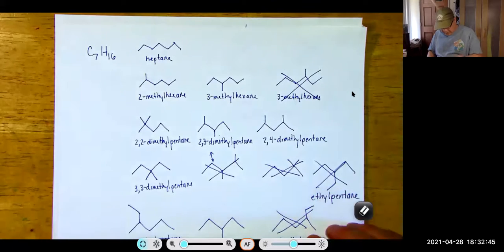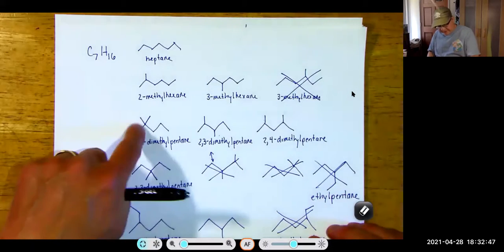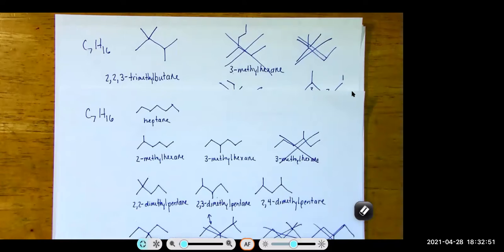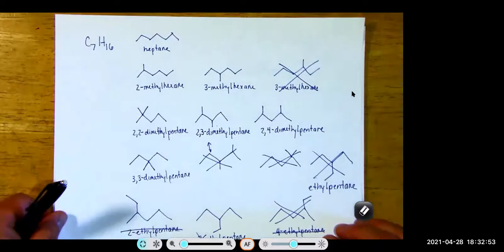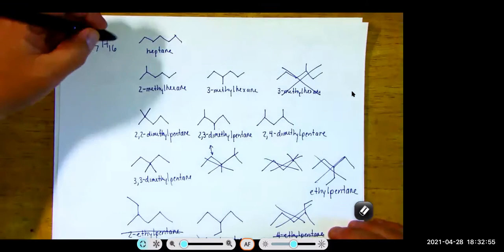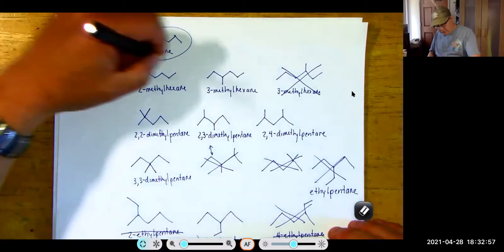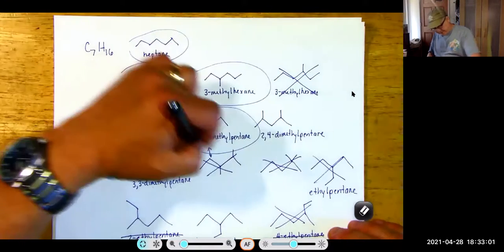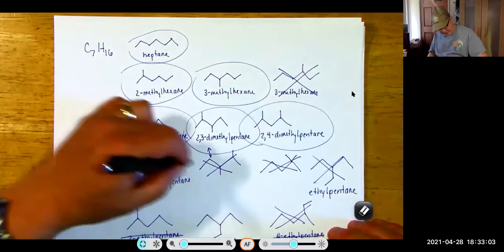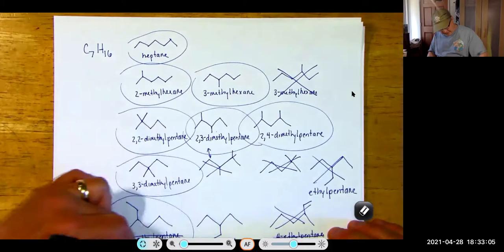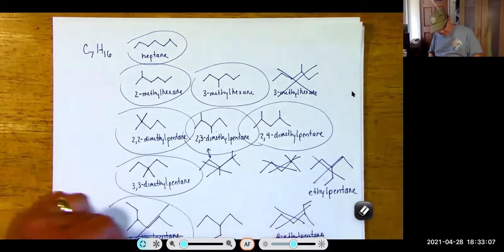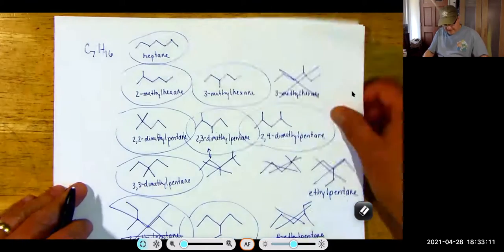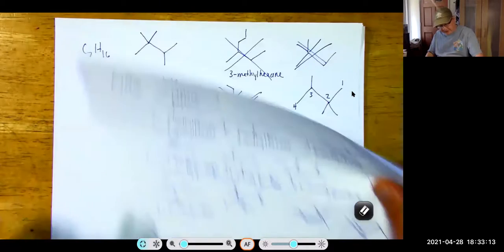So 1, 2, 3, 4, 5, 6, 7, 8, 9, 10. If I'm counting them correctly. So 1, 2, 3, 4, 5, 6, 7. Oh, wait, we already had that one. 8 and 9. So yes, there's 9.